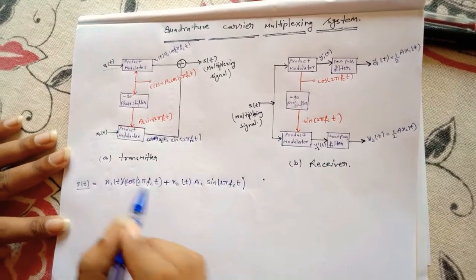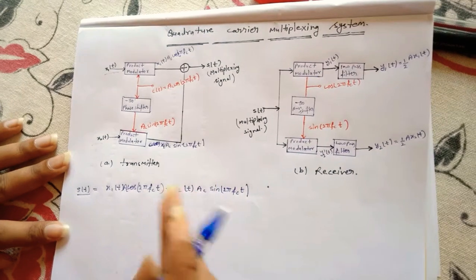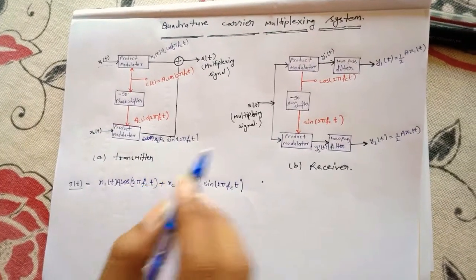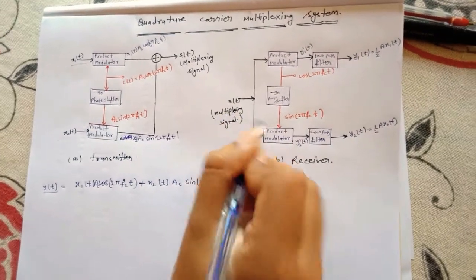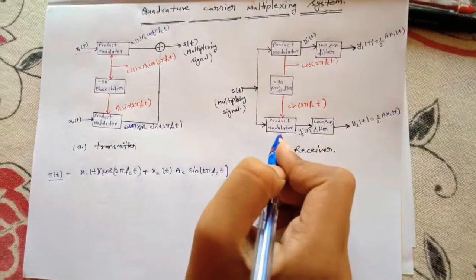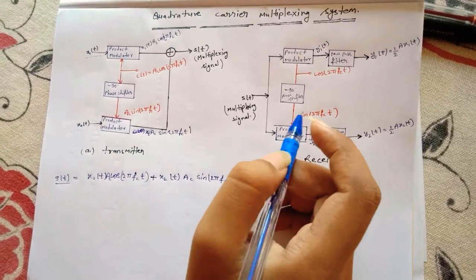This is what happens in transmitting the data, and now we will see what happens in the receiver. Here we have the received signal s(t), and again give it to product modulators.